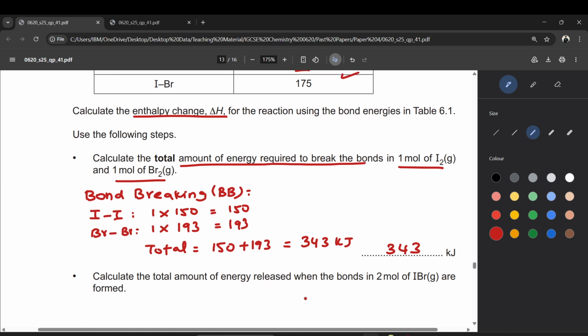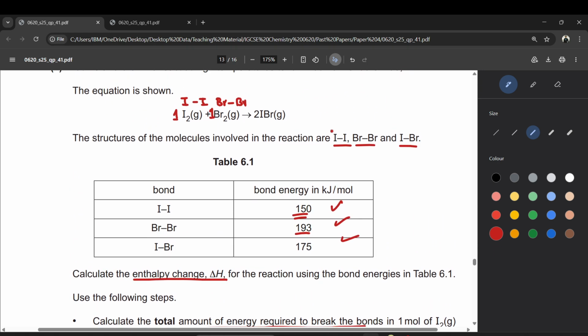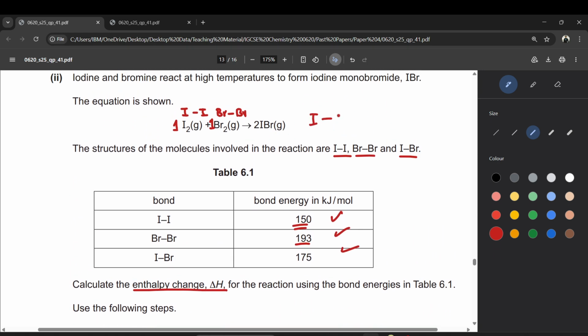The next one is calculate the total amount of energy released when the bonds in 2 moles of IBr are formed. So bonds formed, BF. This takes place on the product side. On the product side, we have the IBr bond and we have two of these.